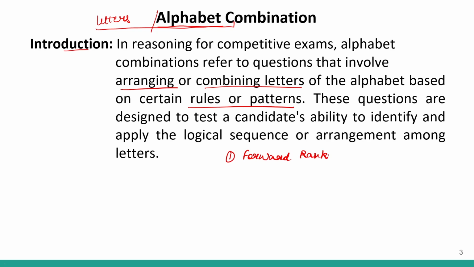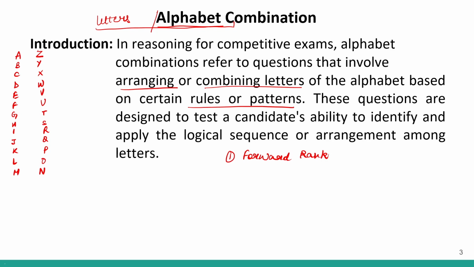Basically, we assign numbers from 1 to 26 in increasing order from A to Z. So if I assign numbers like this, A, B, C, D, E, F, G, H, I, J, K, L, M, and then N, O, P, Q, R, S, T, U, V, W, X, Y, and Z. So these are your alphabets, right?